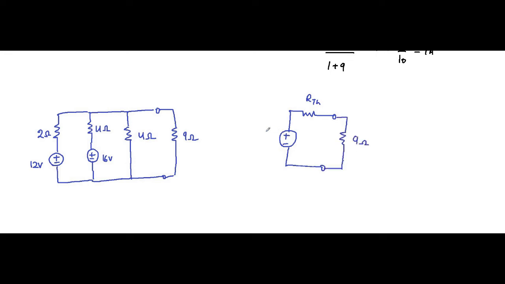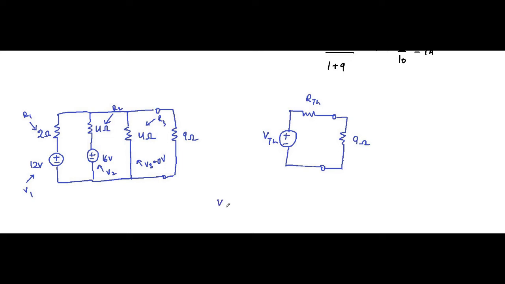This is 9 ohm, this is VTH, this is RTH. Here this is V1, this is V2, and there is no voltage source, that's why V3 will be 0 volt. This is R1, this is R2, this is R3.